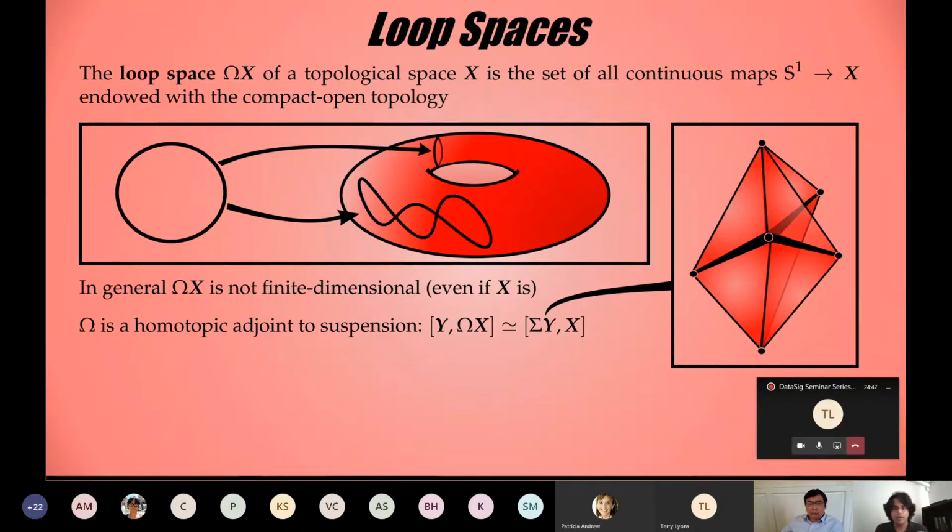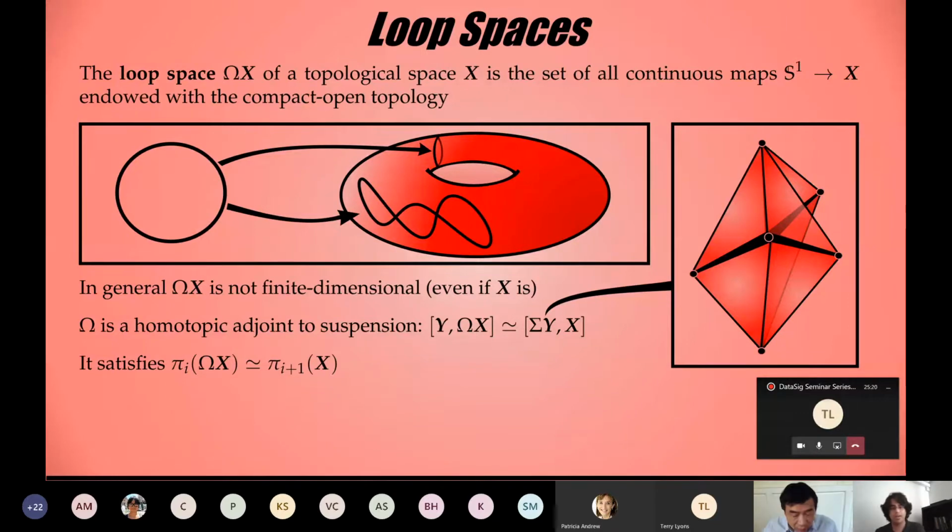And what homotopic adjoint means roughly is that if you have two spaces X and Y, then homotopy classes of maps from Y to the loop space of X correspond bijectively with homotopy classes of maps from the suspension of Y to X. This may not be in any way interesting to you, but this property gives loop spaces incredibly useful, basically superpowers.